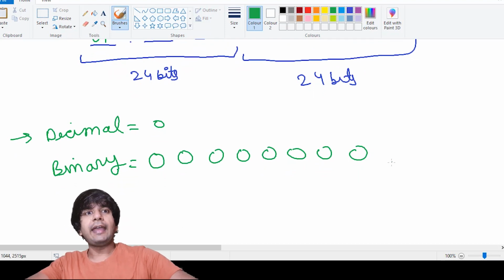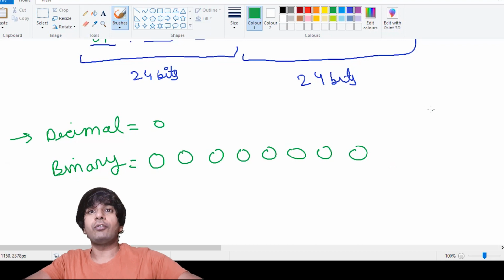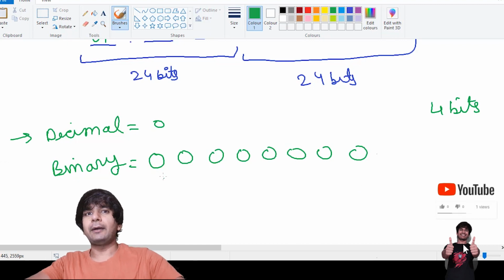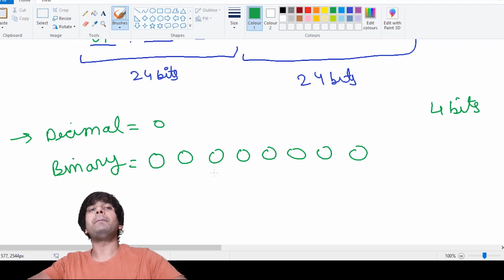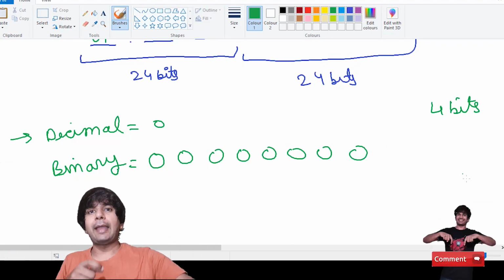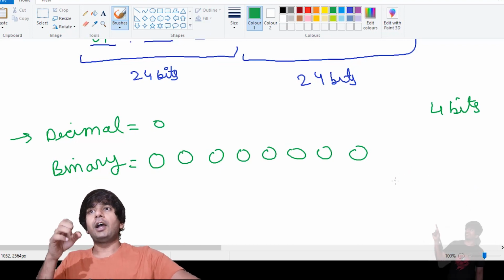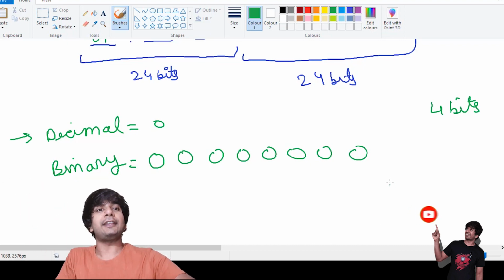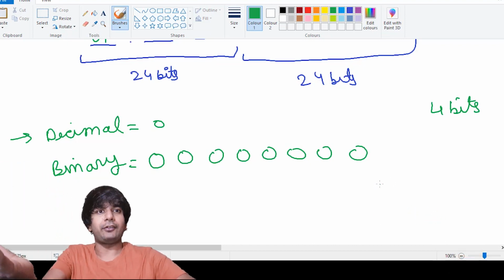Guys, one hexadecimal digit consists of 4 bits. Understood? Now you have a binary with 8 binary bits in total. What I'm saying is, to derive a MAC address from this IP address, from this binary you need to derive the hexadecimal digits of the MAC address.